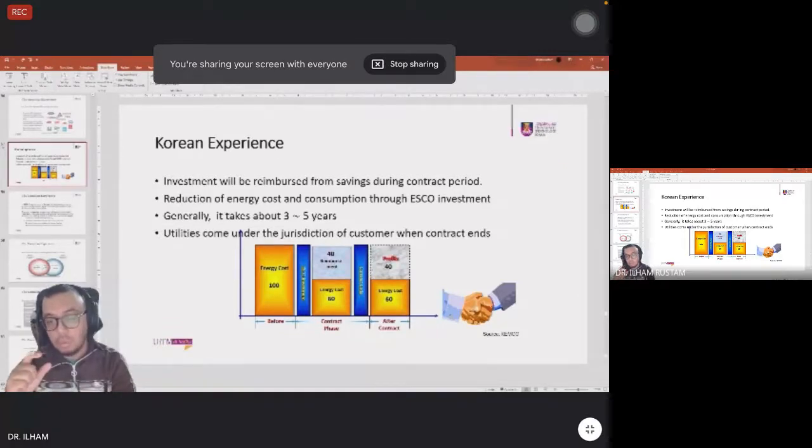So I'm not sure whether it is still continued or not, but at the very least, we have the mechanism there. I still get emails inviting me back to energy efficiency activities, but other than that, I haven't heard that much on adoption or growth of energy management activities in Malaysia.